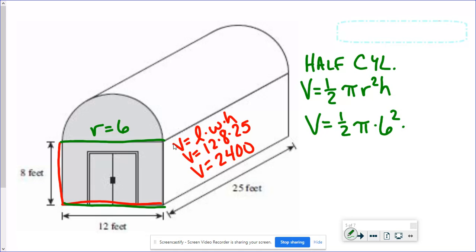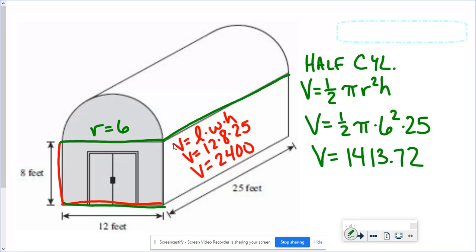And the height, the length from one base to the other base is the same as the other one, which was 25. So I'm going to have now 36, 6 squared is 36 times 25 times pi would be the full cylinder. Then I have to divide by 2 because I only have half a cylinder. So there's my half cylinder volume.